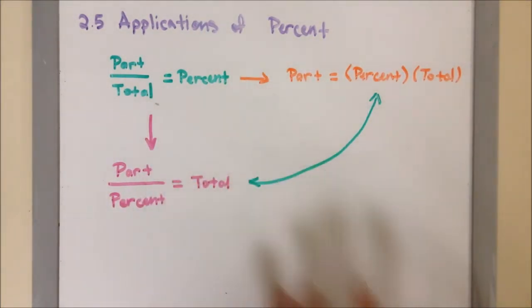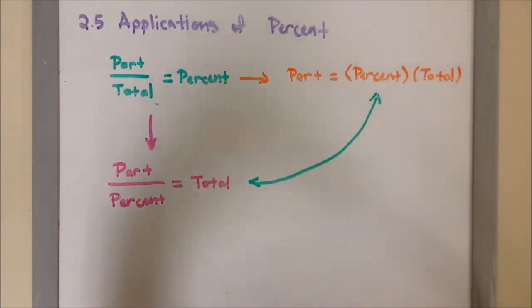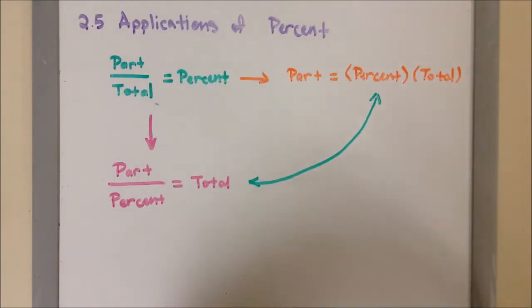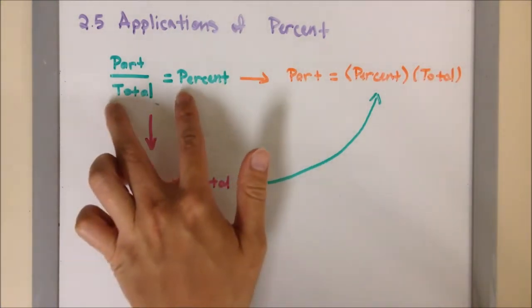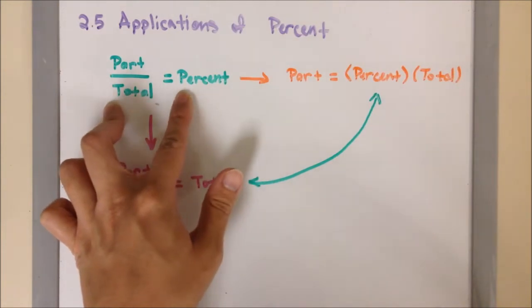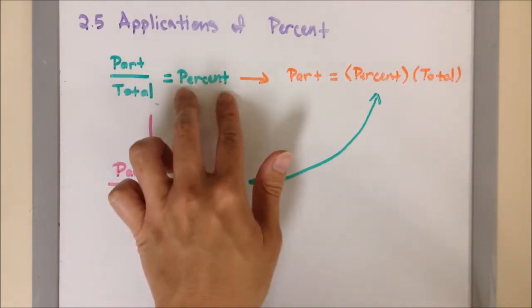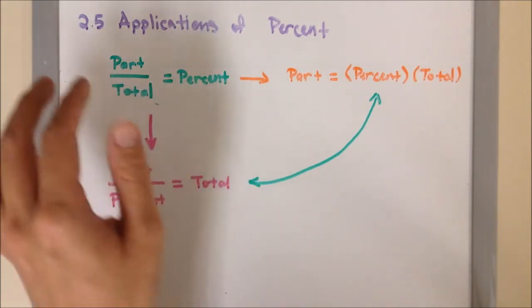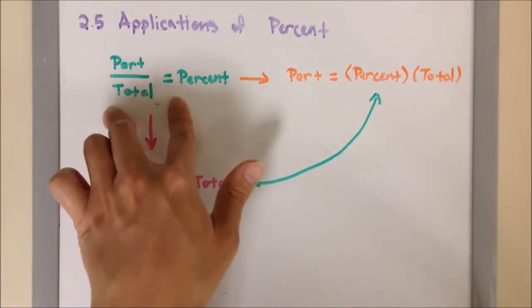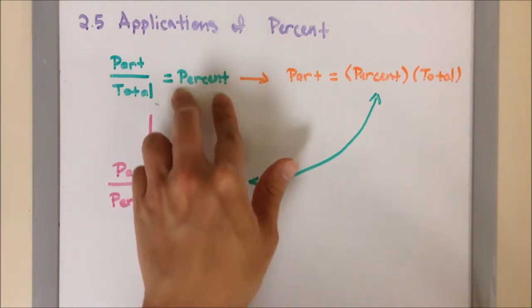I want to give you different forms because, depending on the given problem, you have to set it up according to what you have in order to find a specified part. Here you would use this if you're looking for percent.